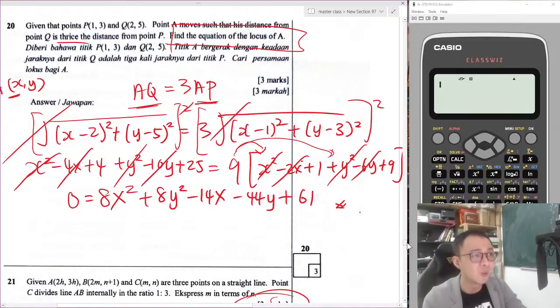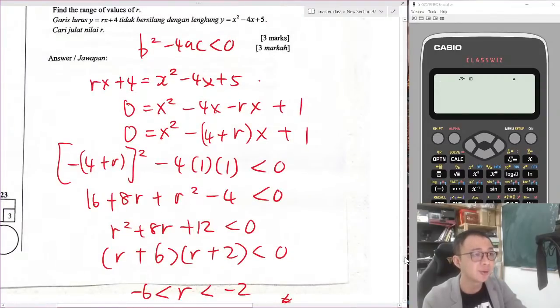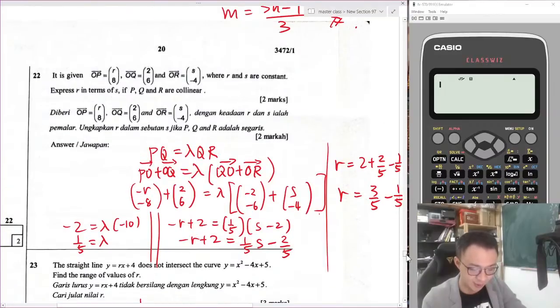Question 21. 3n minus 1 over 3. Yeah, it's the same. Question 22. I'm doing 23 already, right? 22.